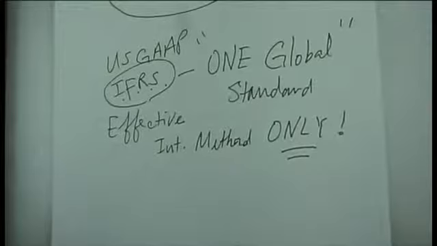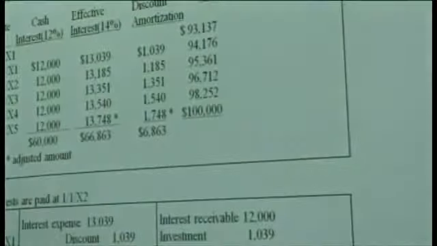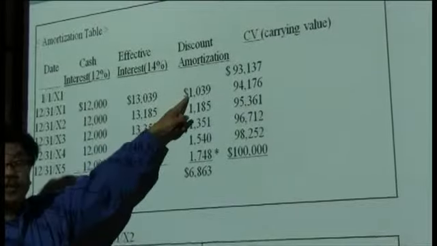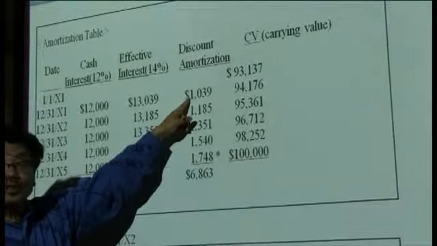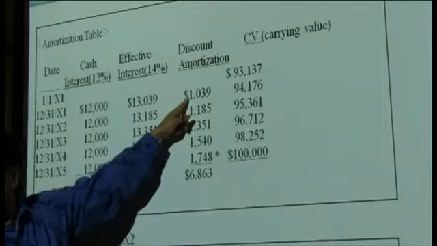But current U.S. GAAP at least says that if the amount between the two, what's the difference in our example? 1373 versus 1039. It's not that much, right? So they say it's acceptable.